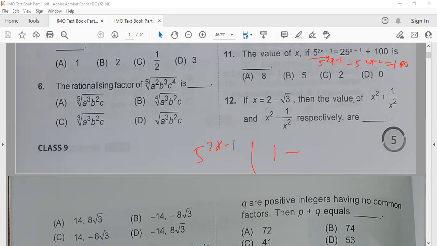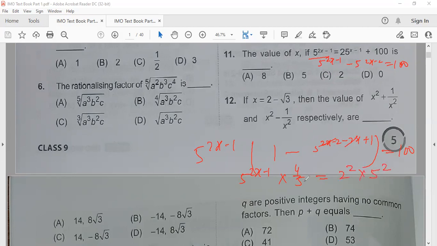Here, 1 minus, if you take common this one, so 5 power 2x minus 2x plus 1, so we will get cancel out. 5 power minus 1 is equal to 100. So this will give you 1 upon 5. So 4 upon 5 into 5 power 2x minus 1 is equal to 2 power 2 into 5 power 2.